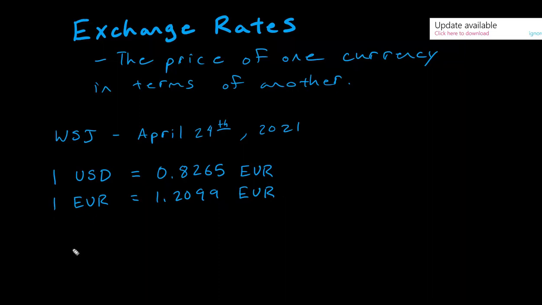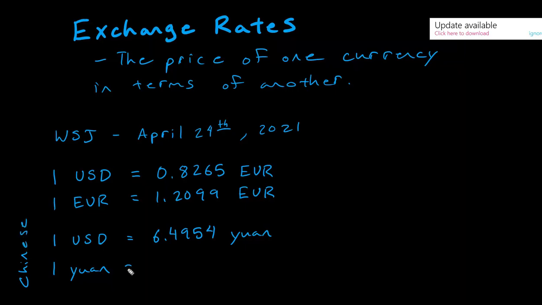Let's grab one more for us to use. Let's go with the yuan. One U.S. dollar is equal to 6.4954 yuan. I don't know what the abbreviation for that one is, so I'm not going to write anything down. And then one Chinese yuan.